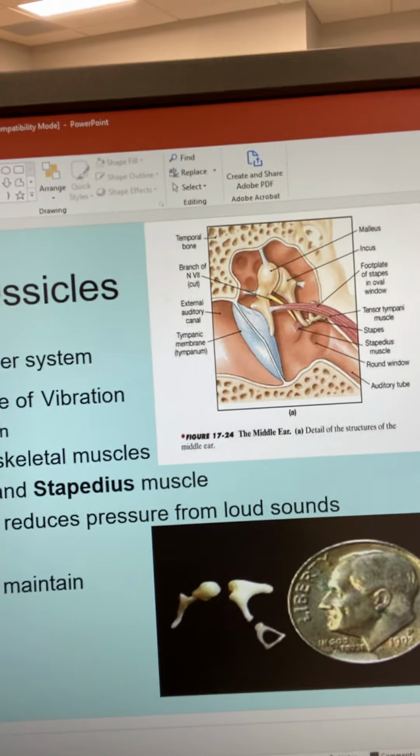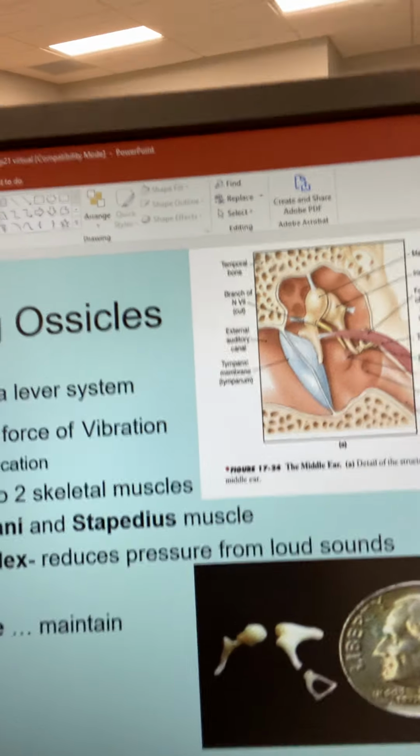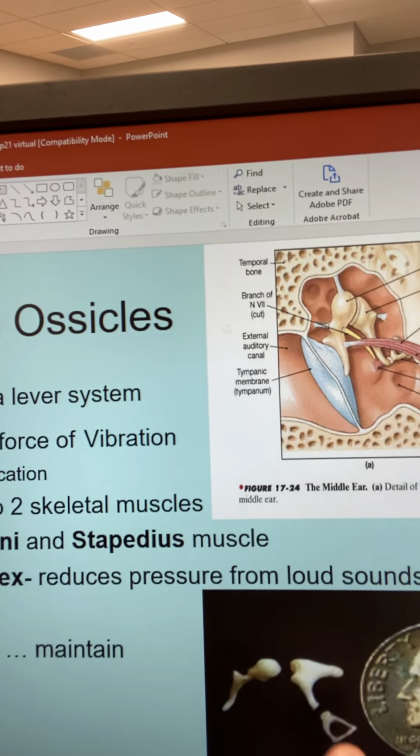But look at the size of the dime and the size of the bones. There's the malleus, the incus, and the stapes. You notice the stapes has a much smaller surface area than the tympanic membrane, and so, as we said, that is going to amplify the sound 18-fold.